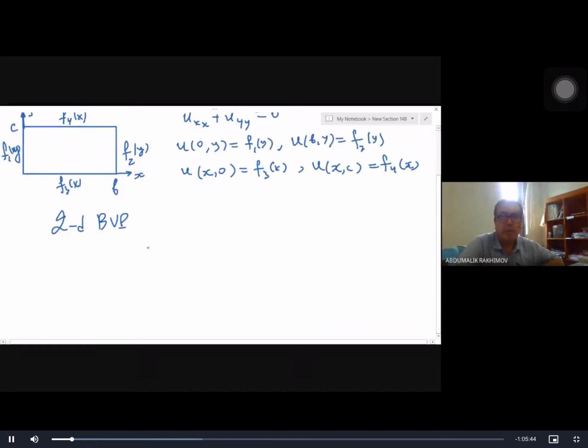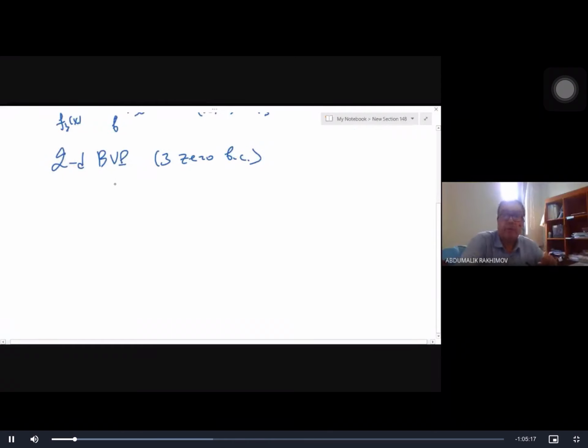If all 4 boundary conditions are non-zero, we can split into 4 problems, each with 3 zero boundary conditions. So we will consider 3 zero boundary conditions.